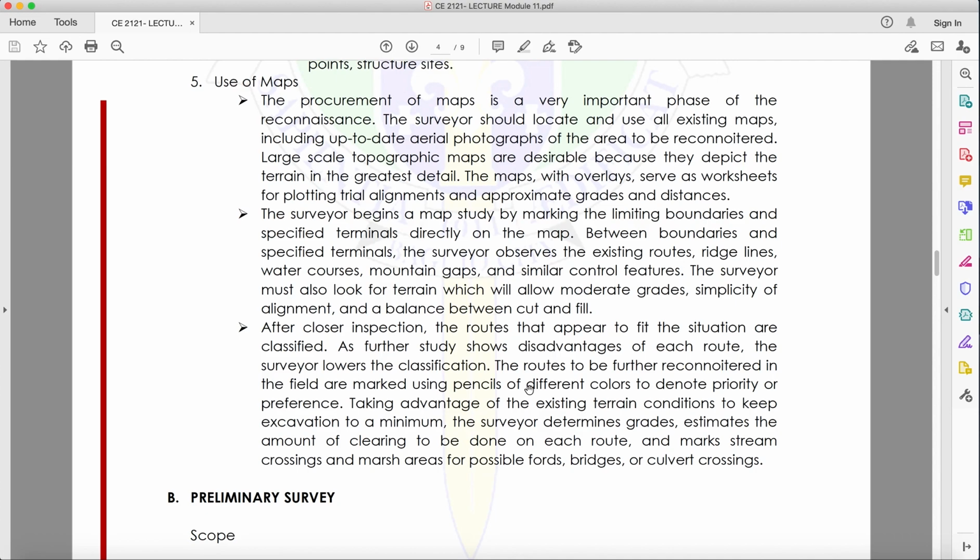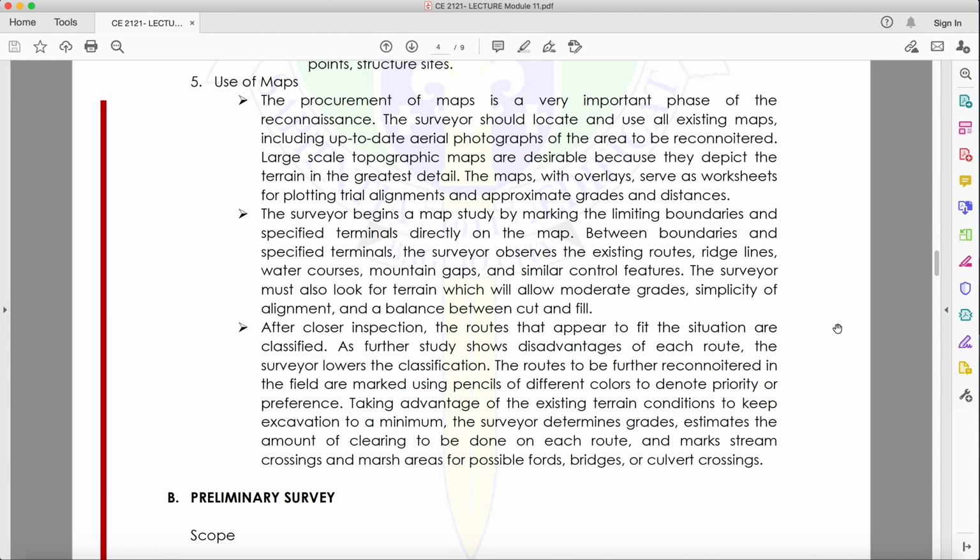So what we are trying to say here is that with the help of a map, the surveyor will try to check all the natural features or the man-made features, so that we can try to avoid them or maximize them to their full capacity with respect to the design or for the purpose of our engineering construction.